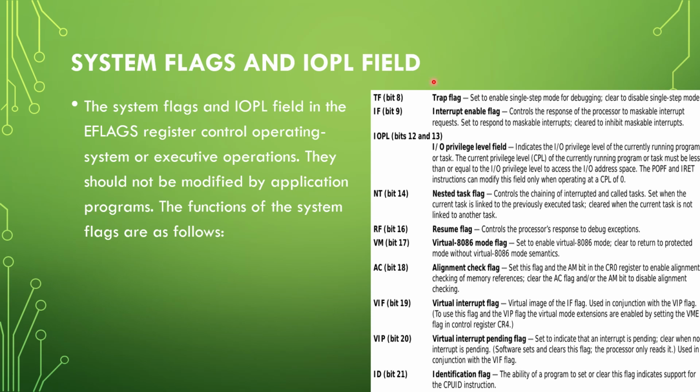Different types of flags are the TF flag, that is the trap flag, that is bit 8, and till bit 21 it is written here. So please go through it. You have to be just aware of what is meant by TF flag, IF flag, IOPL, NT flag, virtual 8086 mode flag. All these things you have to be just aware of.